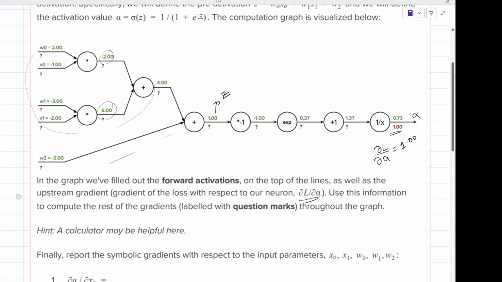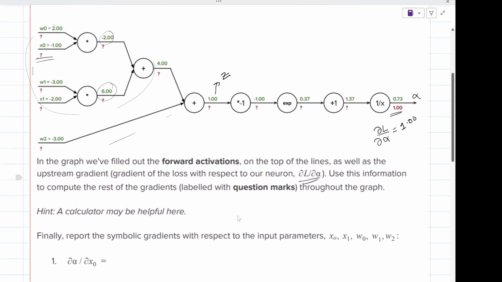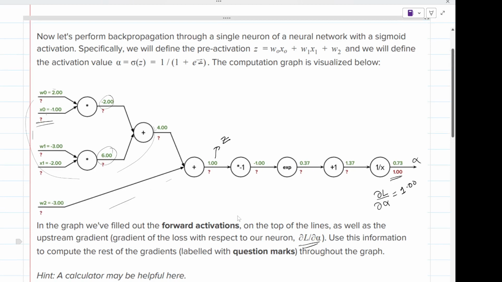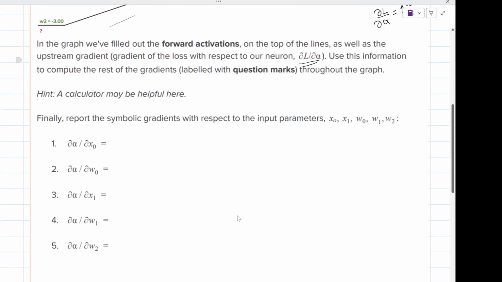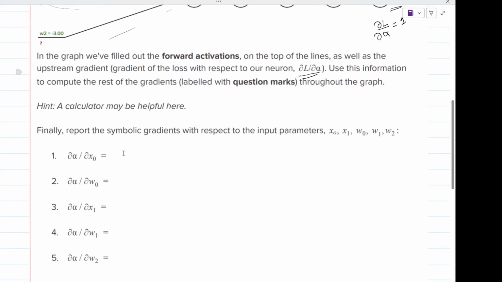L is a loss function that you compute on your alpha. So del alpha by del x naught, you can first try to find out del alpha by del z into del z by del x naught.